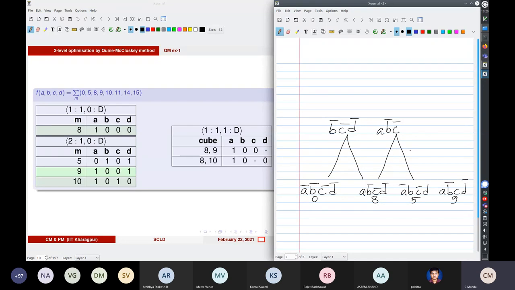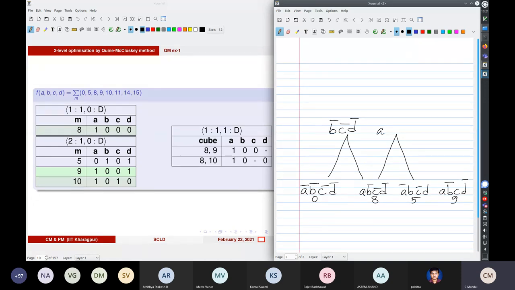Yeah, that's right. I must have made a mistake combining this also. So when I combine this, B will go out, right? So it will be A, C bar, sorry, 8, again I made a mistake here.